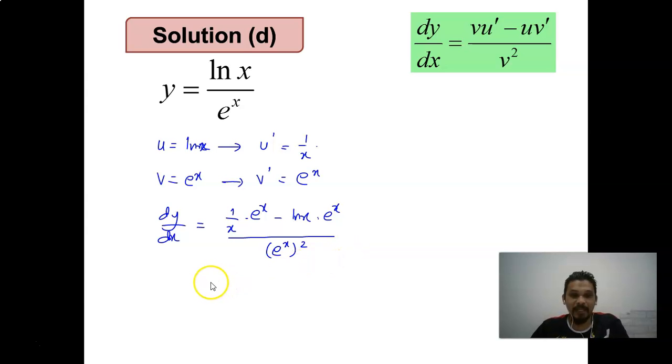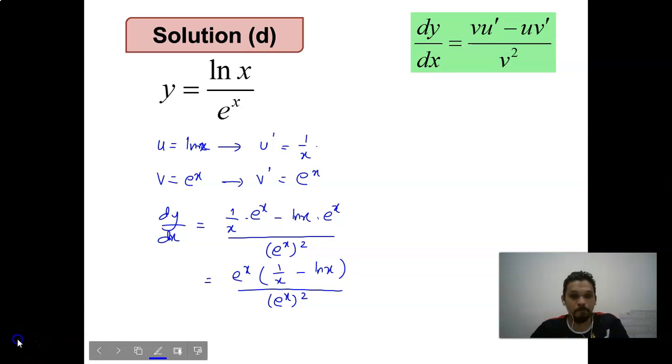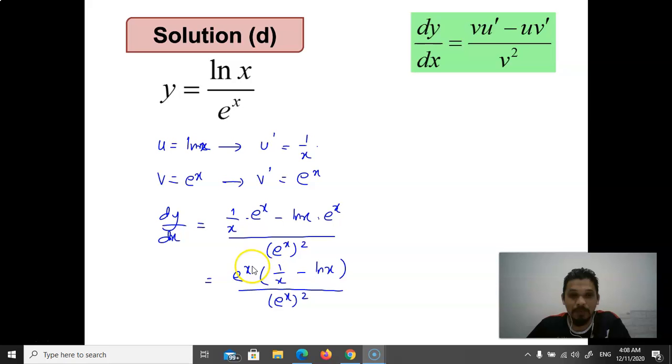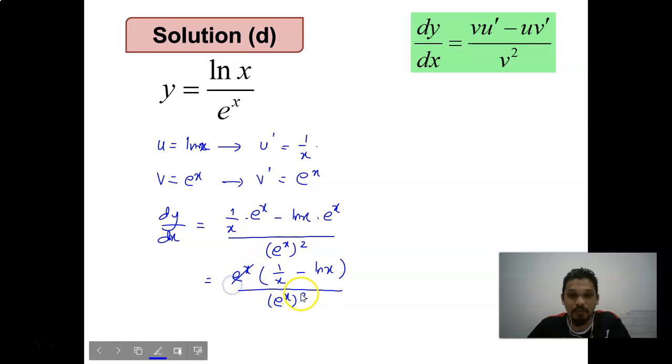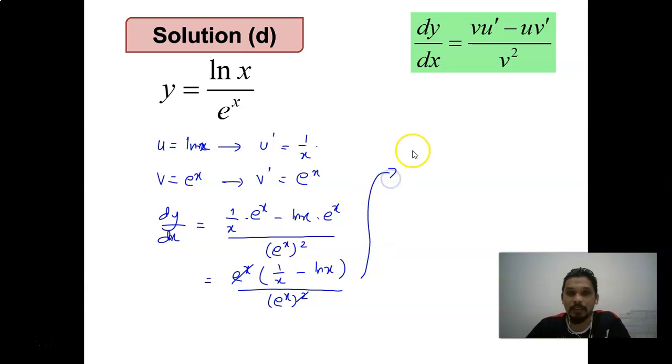Okay, so from here now, e^x and e^x, it is (1 over x minus natural log of x) divided by (e^x) in bracket squared. Then we divide e to the power of x by 1 over e to the power of x, so there's only e to the power of x left here. So 1 over x minus this.